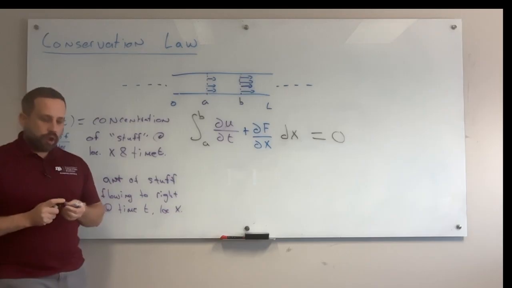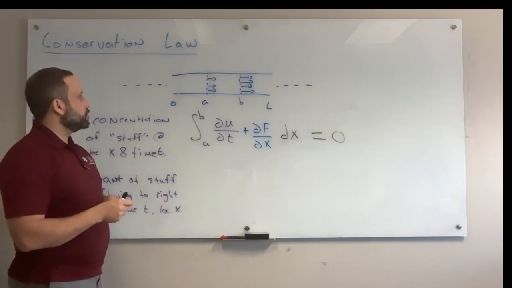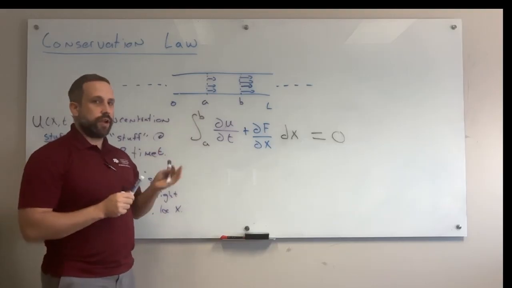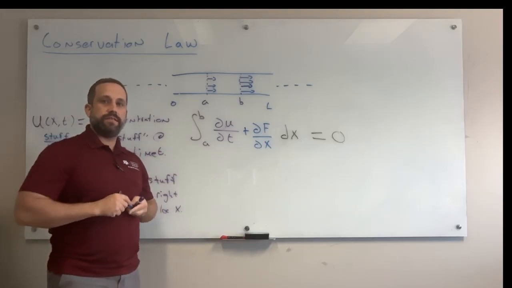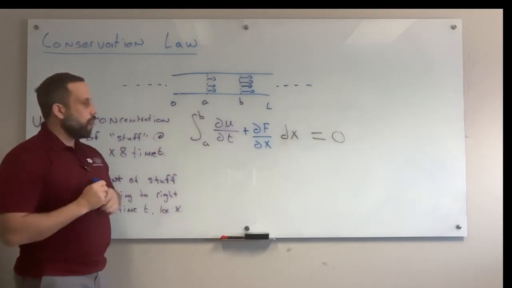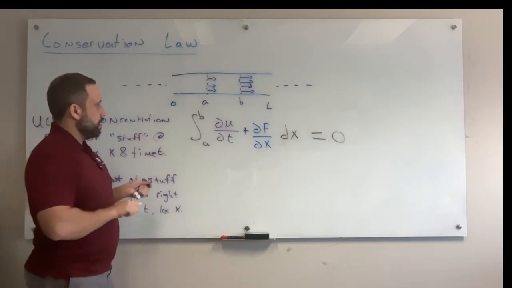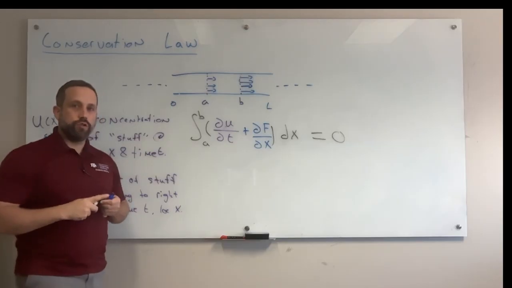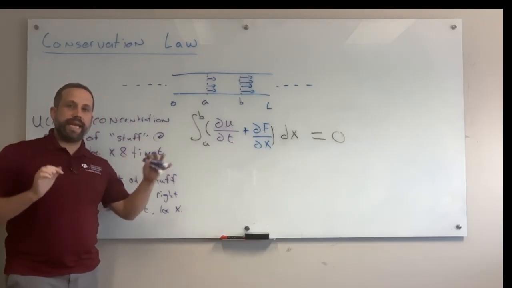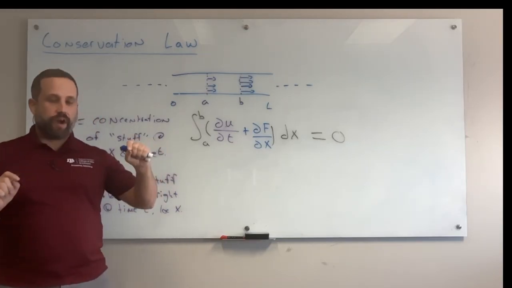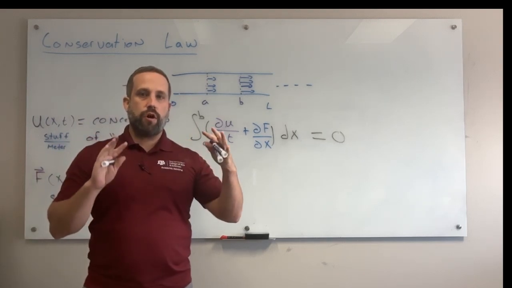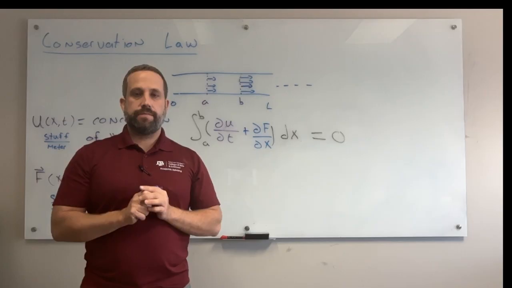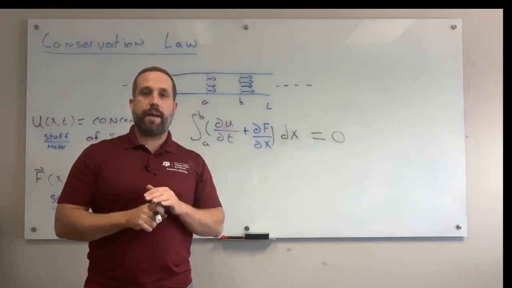Okay, so here's an important observation. There is nothing special about the points A and B. This works for any segment, for any A and B, as long as A is less than B. So what we're saying is that this function here, its integral is equal to 0 over any interval. Now, anytime you have a function whose integral is equal to 0 over every interval, one of two things happens.